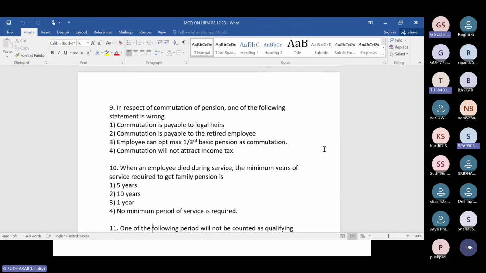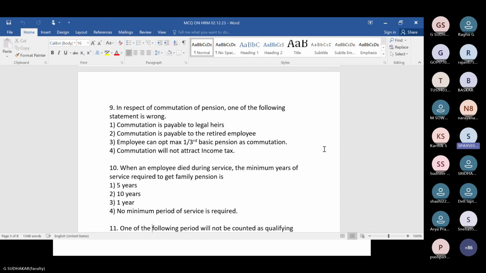In that case also, the family will get only family pension, not this amount. The enhanced family pension is there. In case the person died after 60, this commutation will not be given. Enhanced family pension will be given, but commutation is payable only to legal heirs, not to any other person.